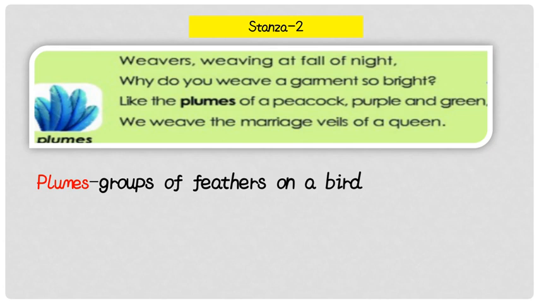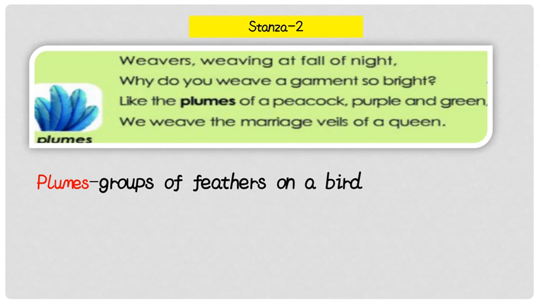I hope everyone has seen a peacock, and when a peacock is dancing, you can see the feathers. So it looks like plumes, a group of feathers on a bird, like the plumes of a peacock, purple and green.